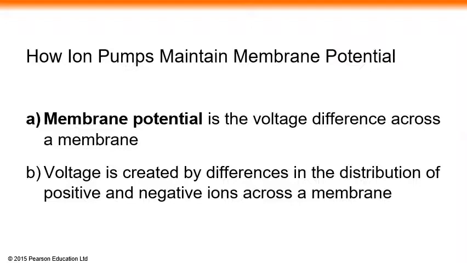Voltage is created by differences in the distribution of positive and negative ions across a membrane. Usually the inside of the membrane is charged minus, and the outside maybe plus. Then the diffusion of ions is affected by that electricity, plus and minus. We call that the membrane potential.